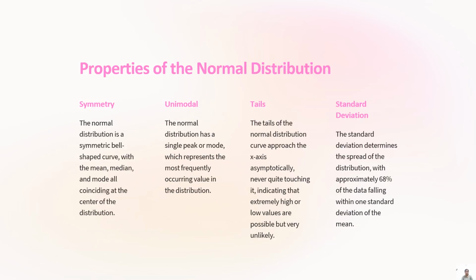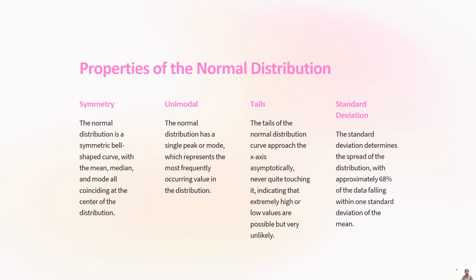Properties of the normal distribution are symmetric, unimodal, tails, and standard deviation. So symmetry, the normal distribution is a symmetric bell-shaped curve with the mean, median, and mode all coinciding at the center of distribution. Unimodal, the normal distribution has a single peak or mode, which represents the most frequently occurring value in the distribution.